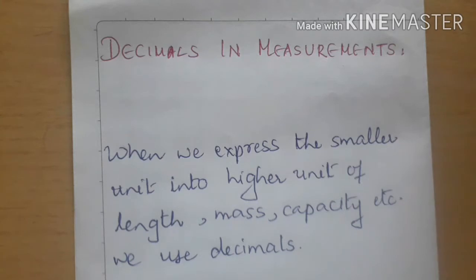This rod is of 1 meter, that is the length of the ruler which the salesman is using is of 1 meter. The scale is divided into 100 equal parts and each part is equal to 1 centimeter.